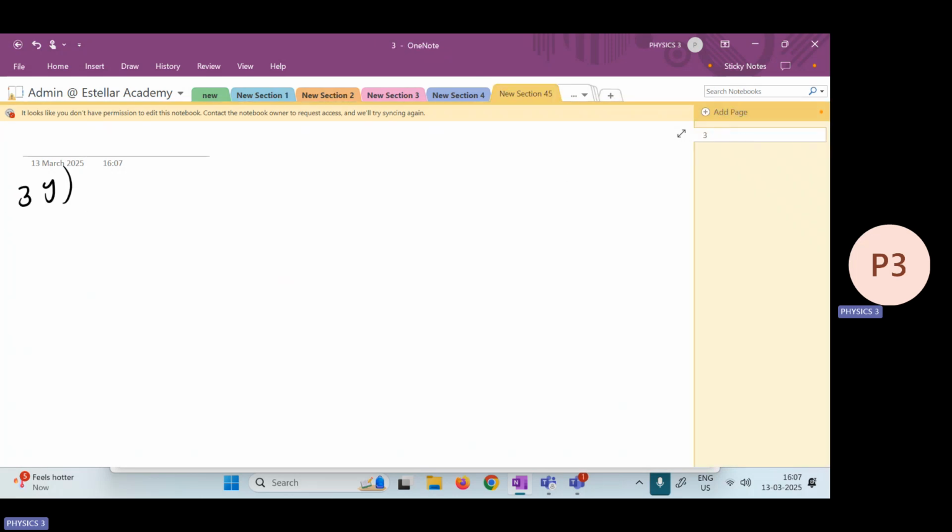In the 39th question, we are given a car that travels the first one third of the distance AB at 30 km per hour, the next one third of the distance at 40 km per hour, and the last one third of the distance at 24 km per hour. Its average speed in kilometers per hour for the whole journey is? So this is AB.